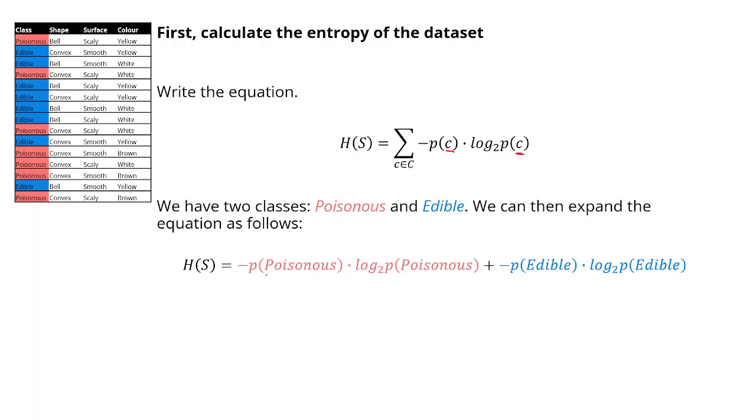So what are our classes? We have poisonous first, and then we also have edible second. Did you get it? So again, for these classes, the big letter C, this is poisonous. Poisonous. And then edible.